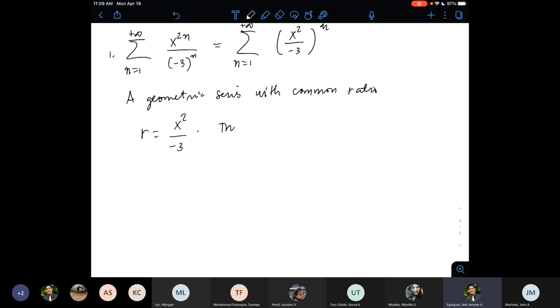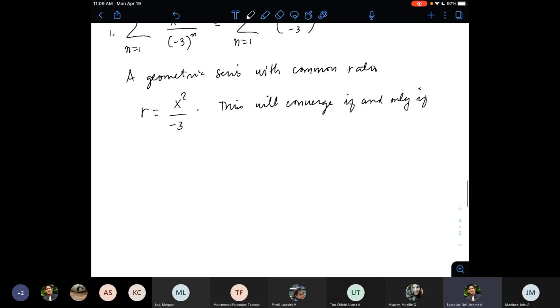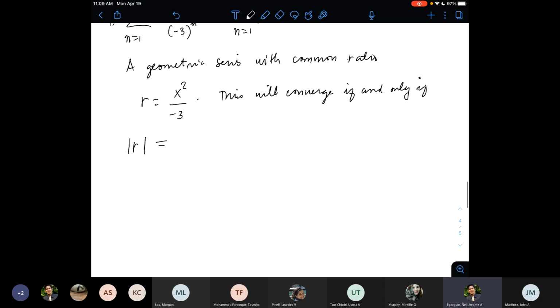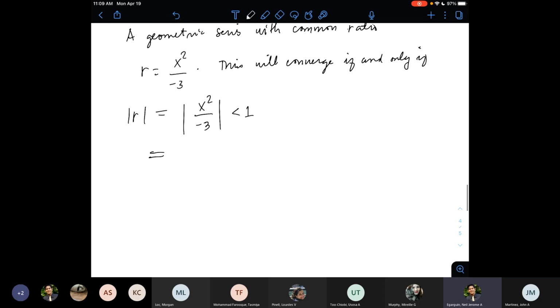And so this will converge if and only if the absolute value of the common ratio, which is x squared over negative 3, is less than 1, right? Here we can solve this inequality.